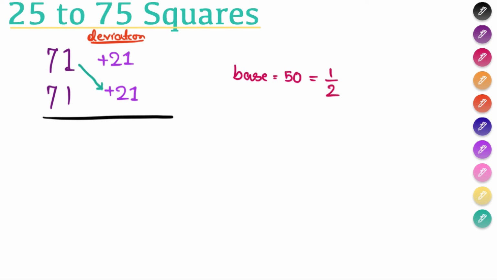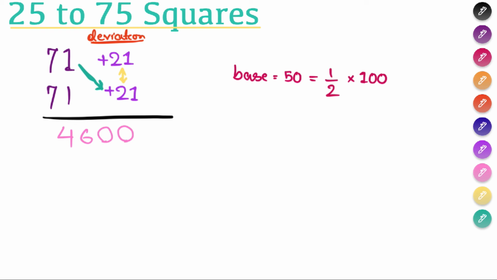First we divide by 2, then we multiply by 100. So the first step is 71 plus 21, that gives us 92. We divide 92 by 2, we get 46, and we simply add 2 zeros, so we get 4600.